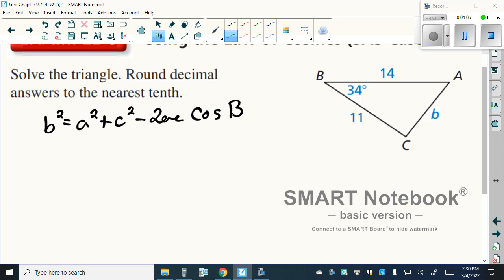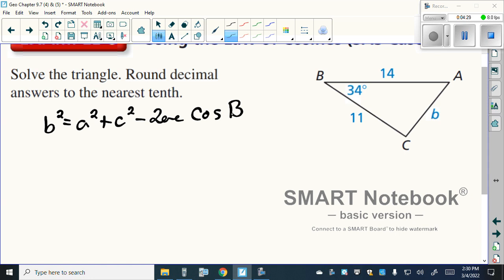It's 2 times ac, so the side lengths. So a and c are just our side lengths, and b is our side length, and the capital B is our angle, because our capital letters will always be the angles. The side we're looking for will always be on itself, and then the other side lengths inside the equation are going to be the other two sides.